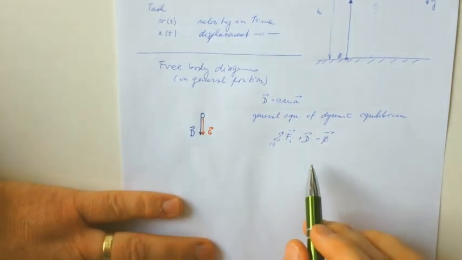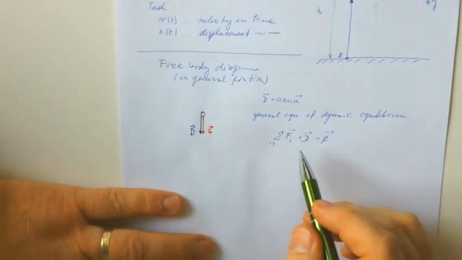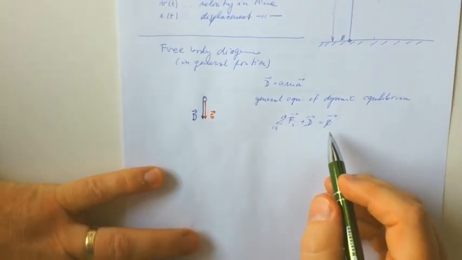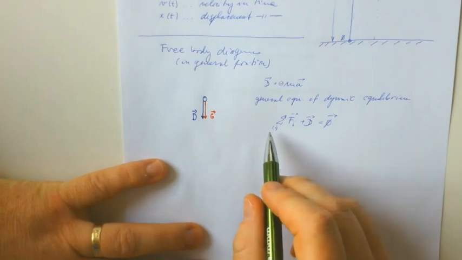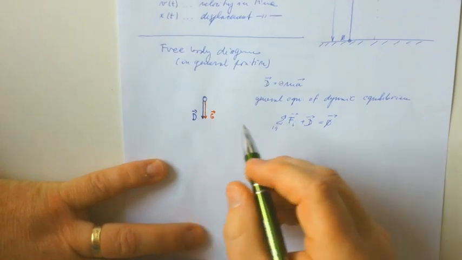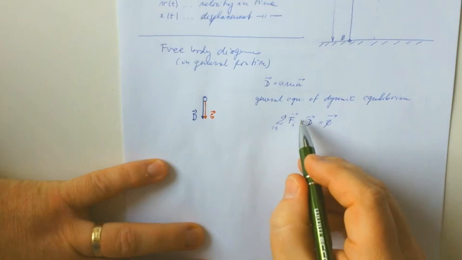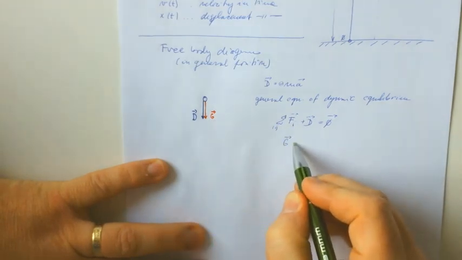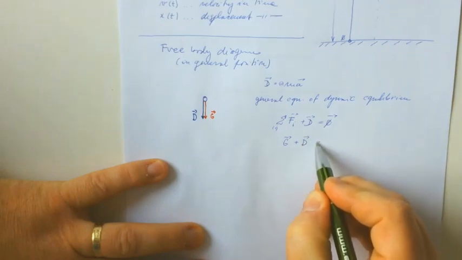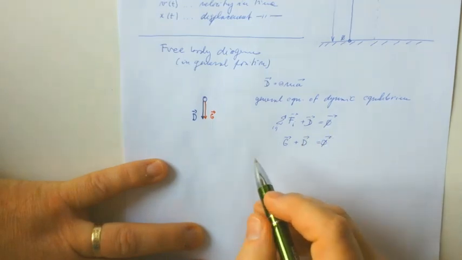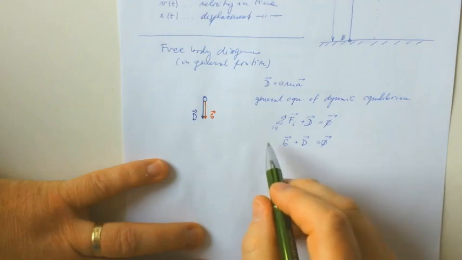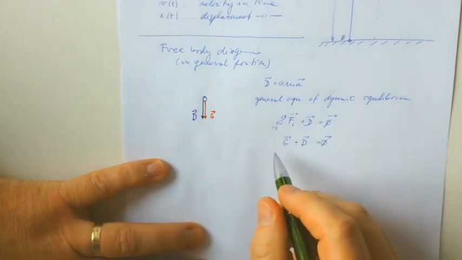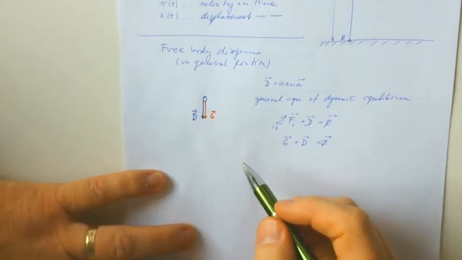So this is a very general equation of dynamic equilibrium, force equilibrium. So regarding our reality, the only force in our case is G, so G plus D is equal to 0. So this is a vector equation of dynamic equilibrium respecting our case.